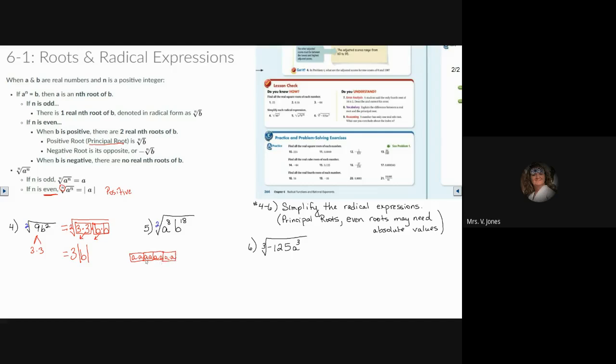So if you're taking the square root of a times a, that comes out as an a. There's another a times a, so that comes out as an a. This one comes out as an a, and this one comes out as an a. So that will give you a times a times a times a, which is a to the 4th.